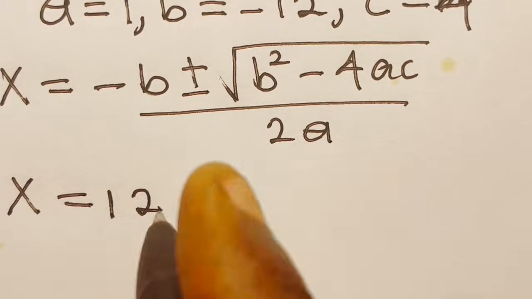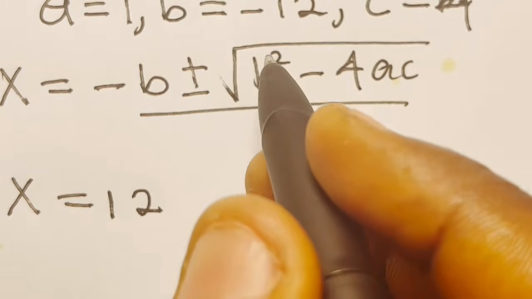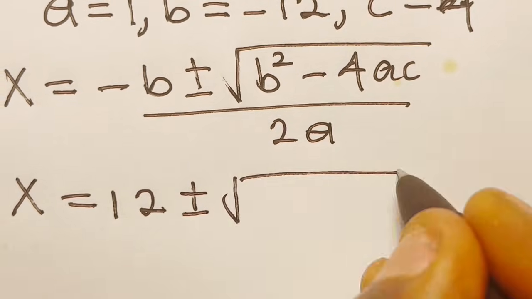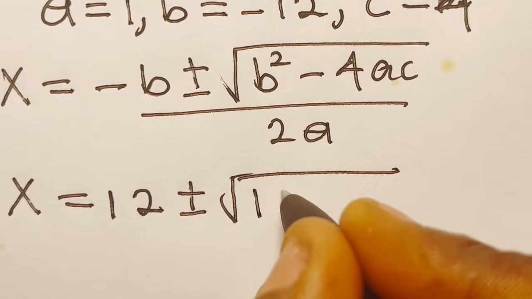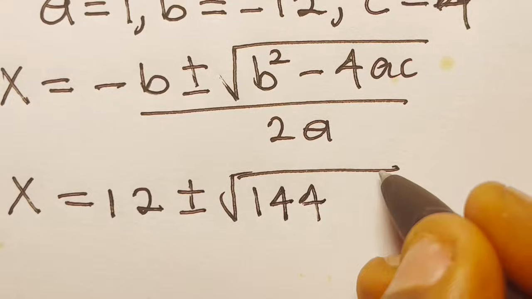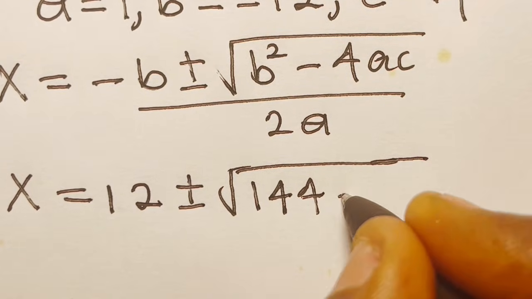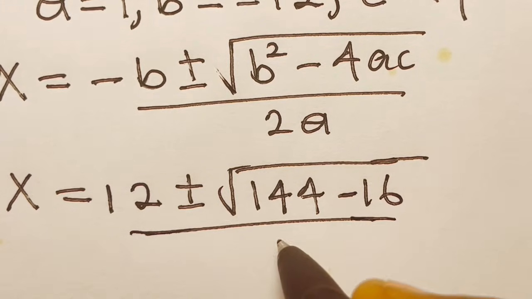So x equals 12, because we have minus times minus 12, plus or minus square root of minus 12 squared, that is 144, minus 4 times 1 times 4, that is minus 16, divided by 2 times 1, that is 2.